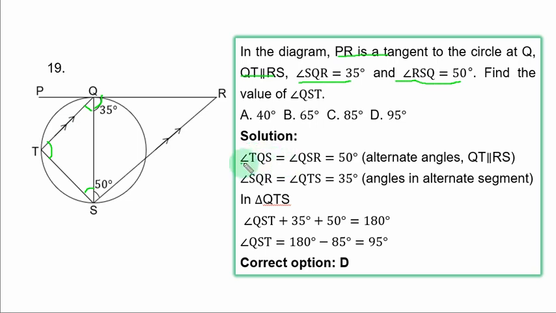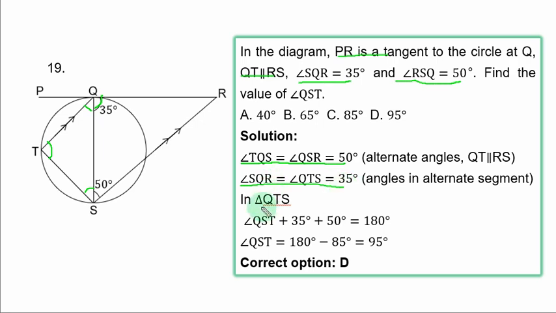So angle TQS is equal to angle QSR, that is 50 degrees, alternate angles, and angle SQR is equal to angle QTS, and that is 35 degrees, angles in alternate segments.